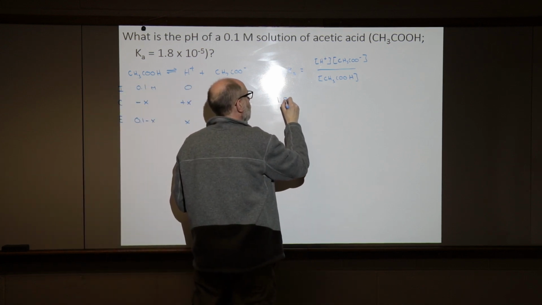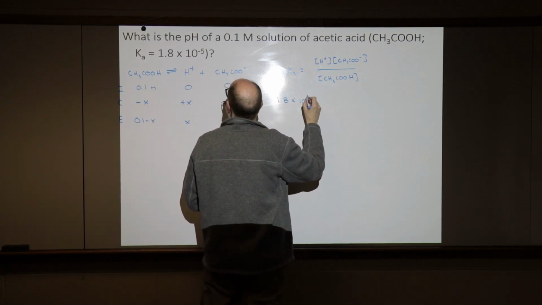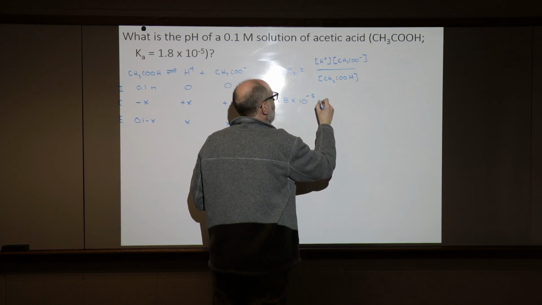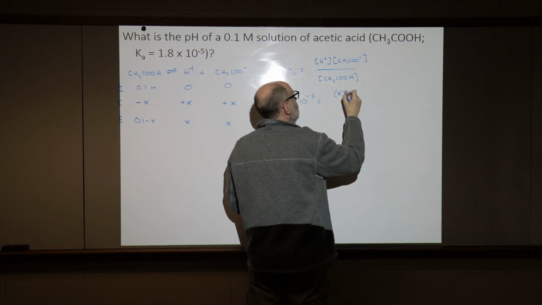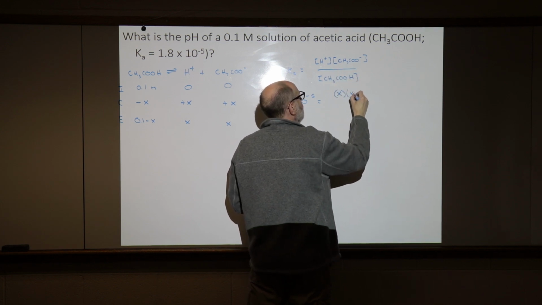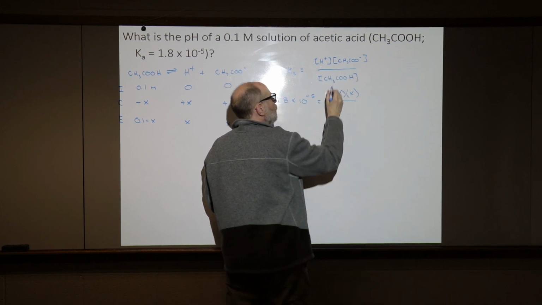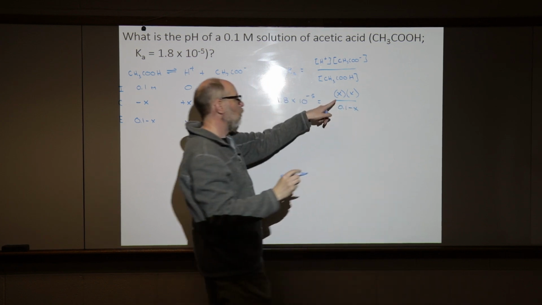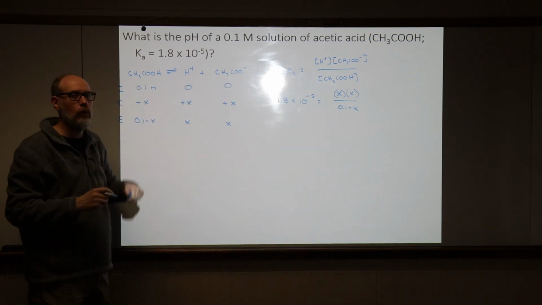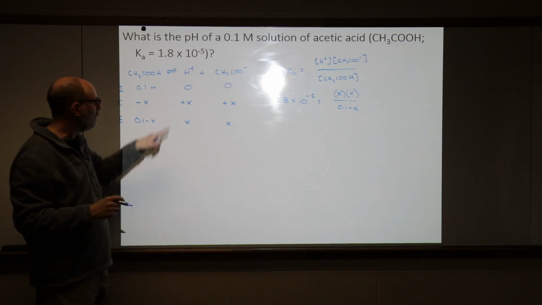Now we can start plugging stuff in. Ka, 1.8 times 10 to the minus 5th power. Concentration of H plus is X. Concentration of acetate is X. Concentration of acetic acid, 0.1 minus X. Where those all come from the equilibrium row of the chart.